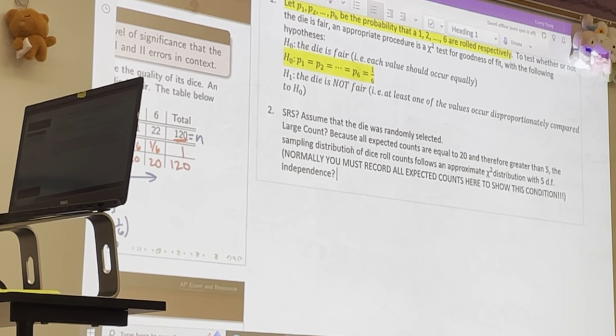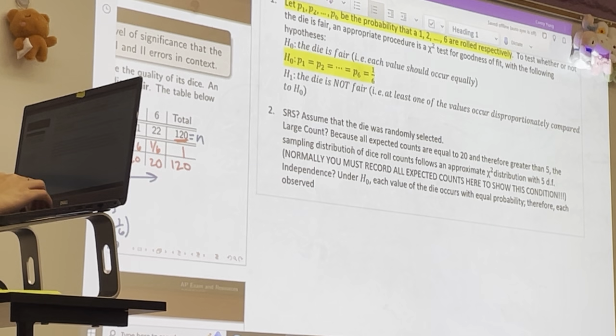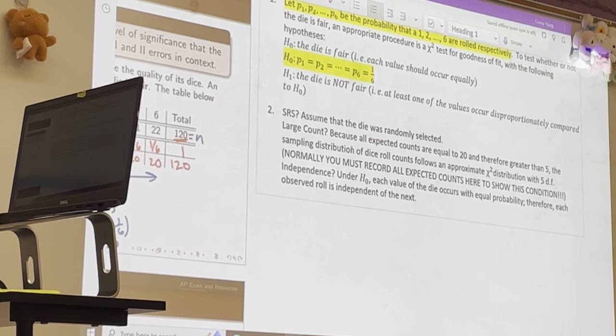Assuming under the null that each value of the die occurs with equal probability, therefore each observed roll is independent of the next. So you roll a dice once, you roll it again under the null. If they're all equally likely, then guess what? We have independence. That's just strictly from a probability sense.